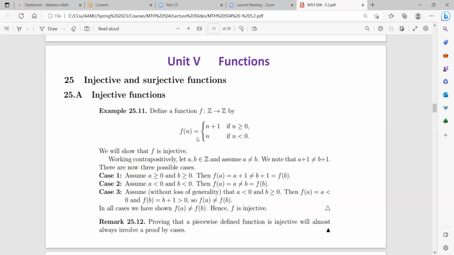Namely, you start from two different integers from the domain, and then you show that f of n1 will not be f of n2, or a or b in this case.